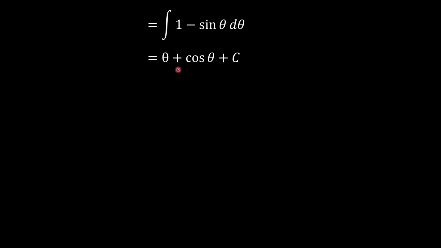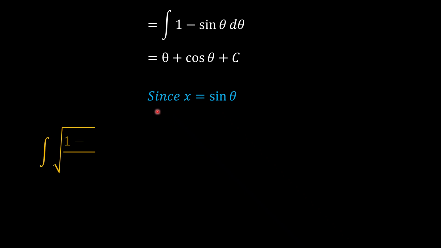And since we said that x equals sine theta, in place of theta here we have arcsine x. In place of cosine theta is the square root of 1 minus sine squared theta. So since x is sine theta, we have the square root of 1 minus x squared.